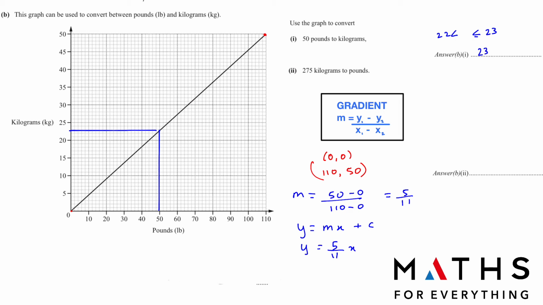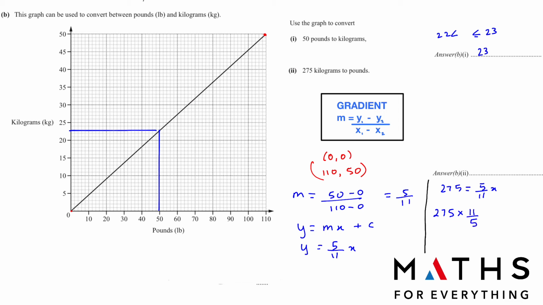Now y represents kilogram. We have been given 275 kilograms. Replace that, that's the y value. Now we want to find the x in pounds. So 275 multiplied by, whatever number is the coefficient of x, write the reciprocal of it.